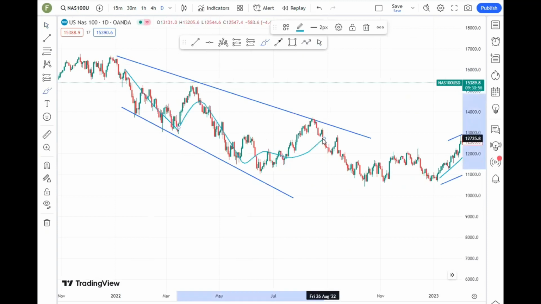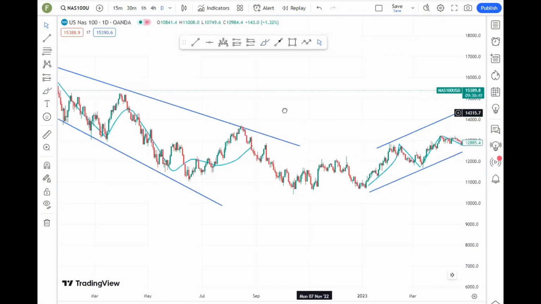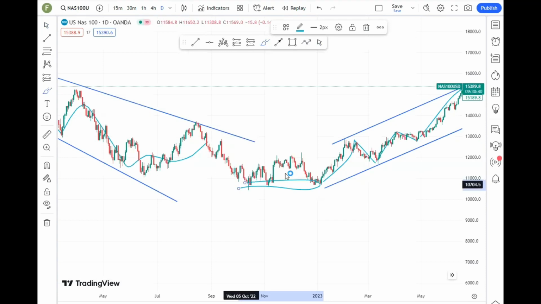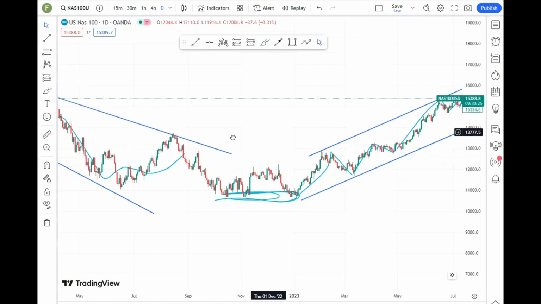So I can say that NAS100 has been actually decreasing in its numbers, but just currently we can see that it's trying to actually gain momentum by changing its structure here. This is what we call a change of market structure, which we just experienced here on NAS100.